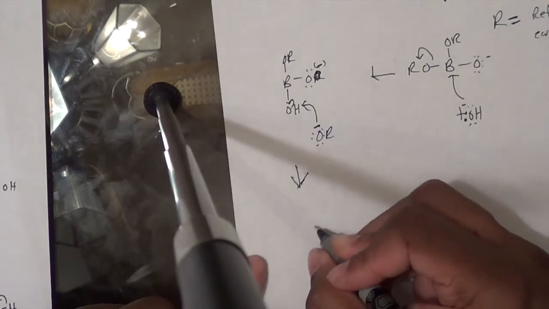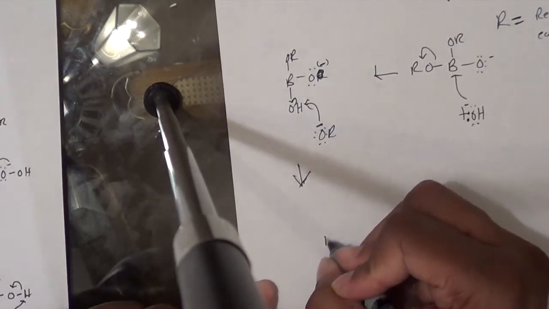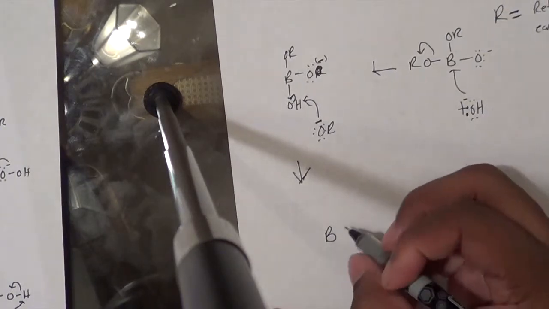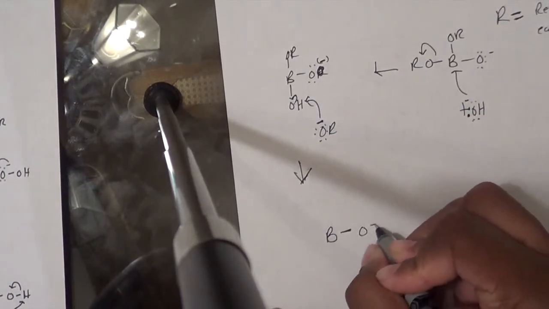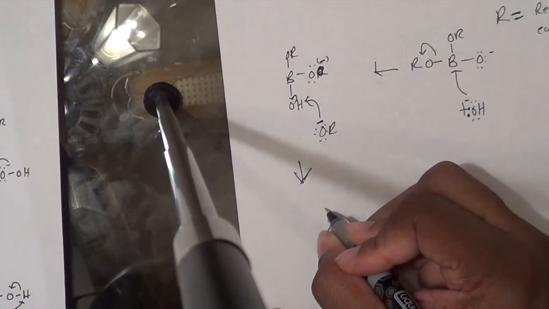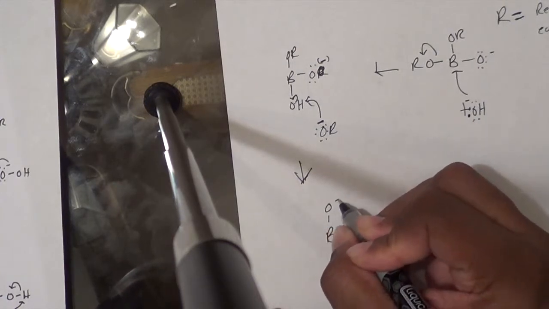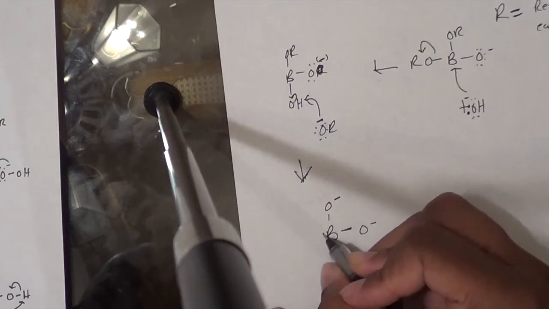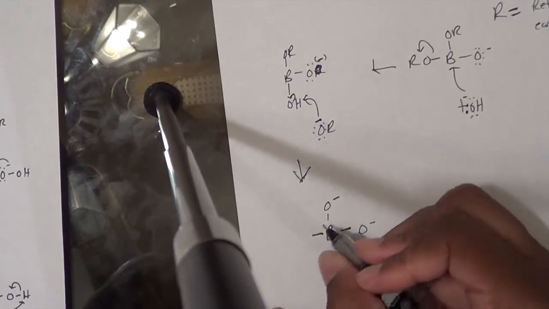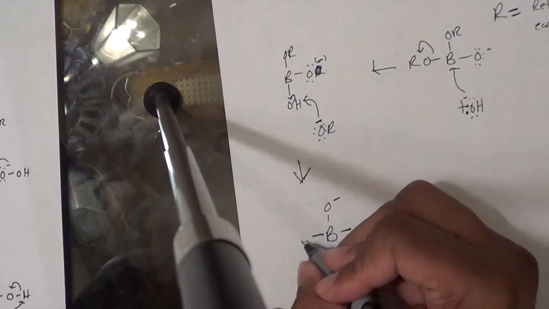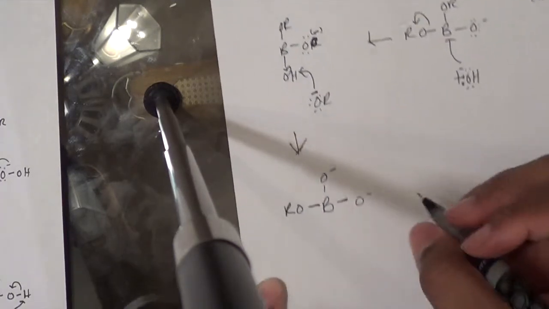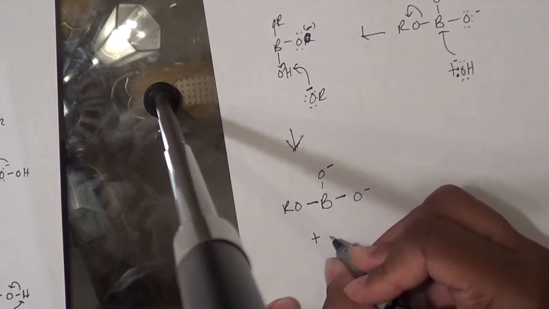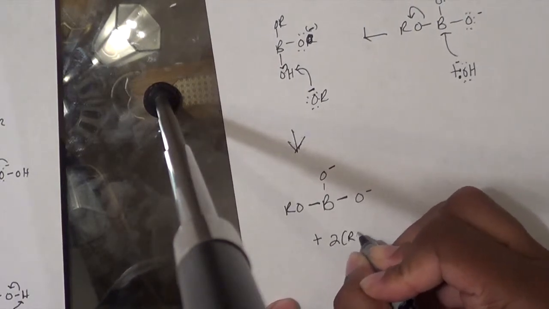Same thing occurring. So now we're left with B, O minus, O minus, and OR, plus basically 2 ROH.